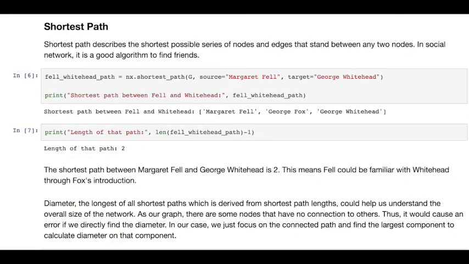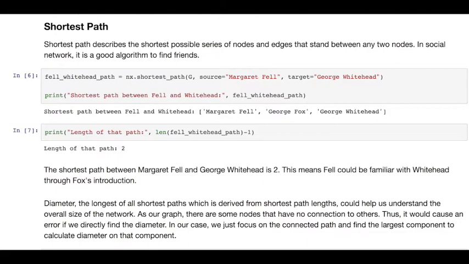Shortest path is to calculate the shortest path between 2 nodes. It's usually applied to automatically obtain the directions between 2 physical locations, like using Google Maps to find the shortest driving directions. But in a social network, it's usually to find the friends.